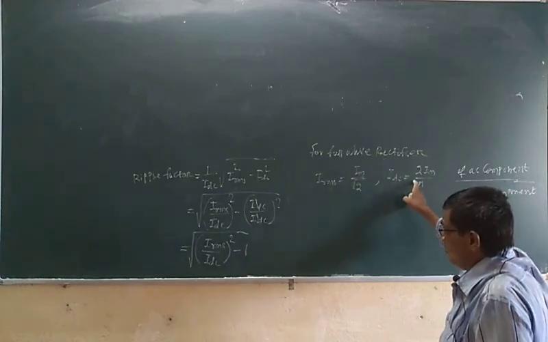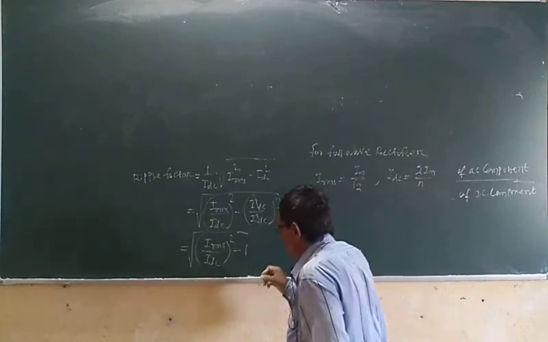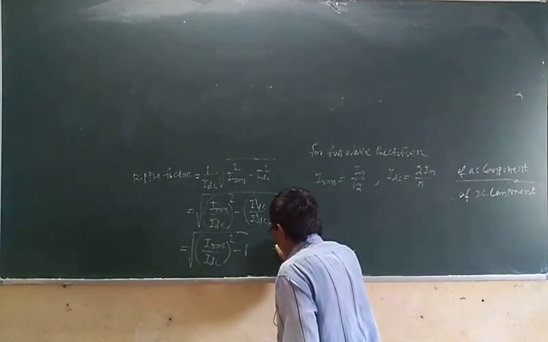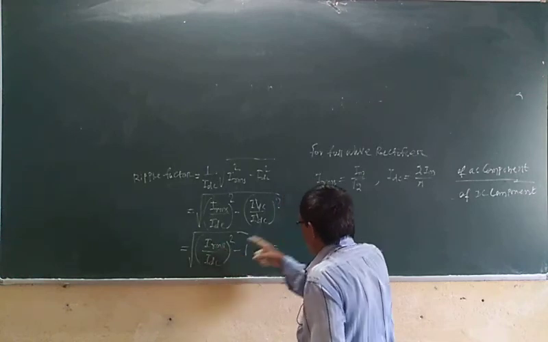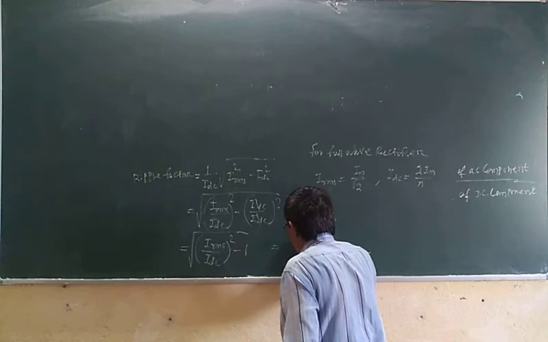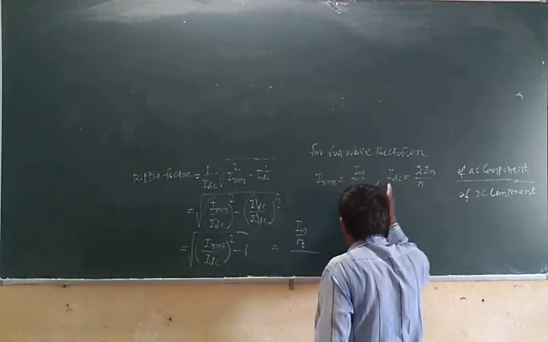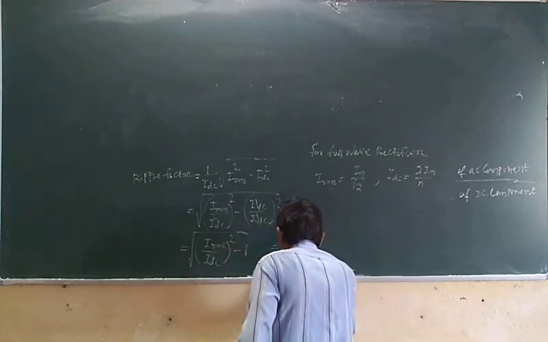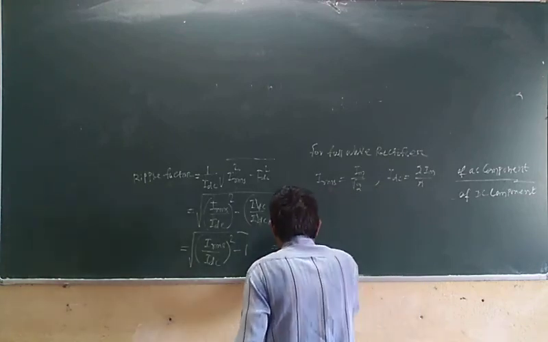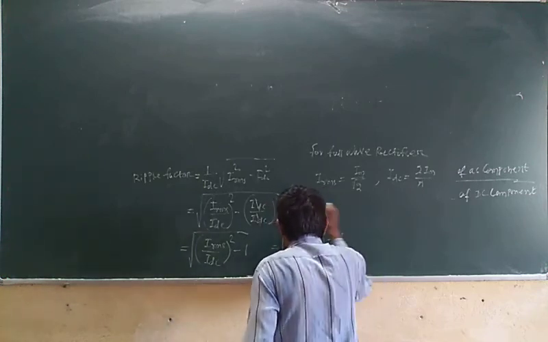Now putting these values into the equation, IRMS is IM by root 2, divided by IDC, which is 2 IM by pi, whole square, minus 1, under root.